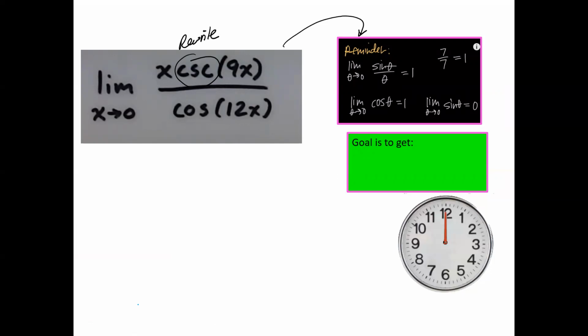And I know that another way of writing cosecant 9x is 1 over sine 9x, and this is from Trig. So let's go ahead and rewrite that.